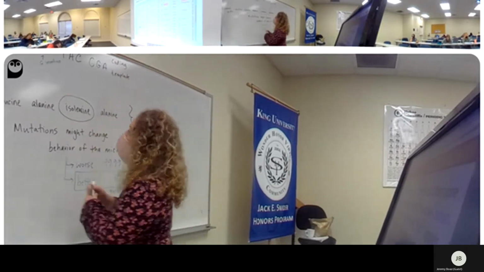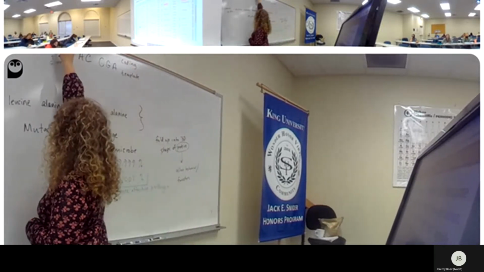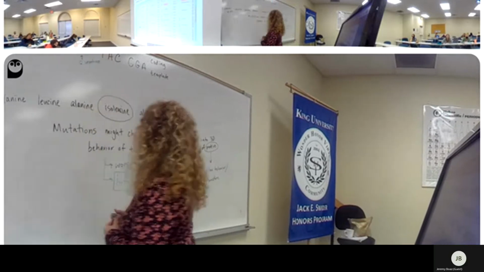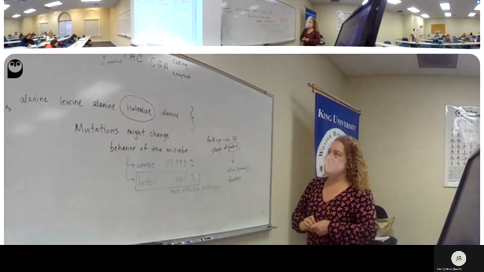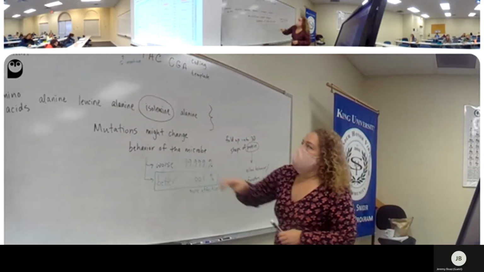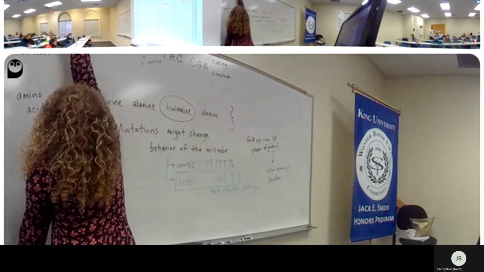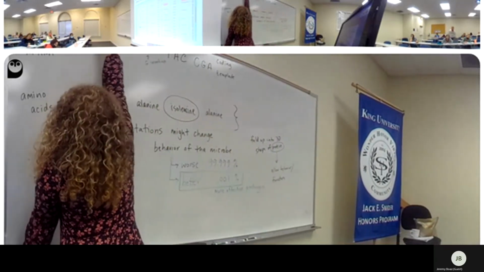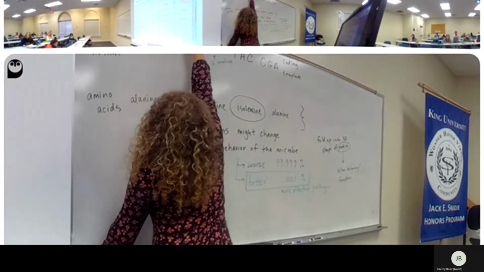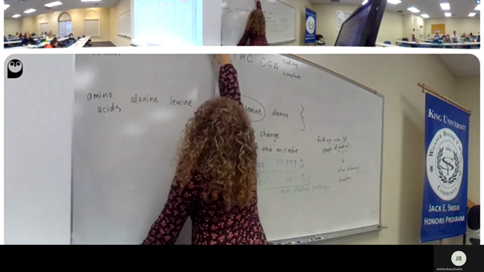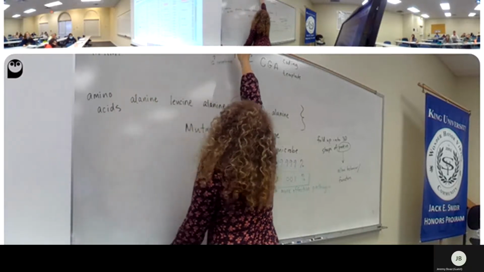Okay, so what this is really doing is we've now got an extra G in there, coming in between those two bases. So that's going to give us G, C, T, T, T, A, G, C, C.